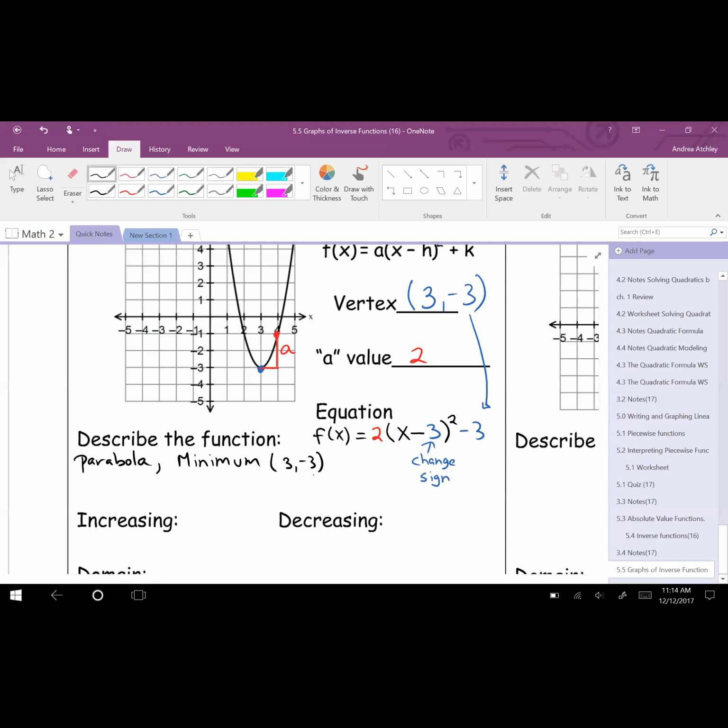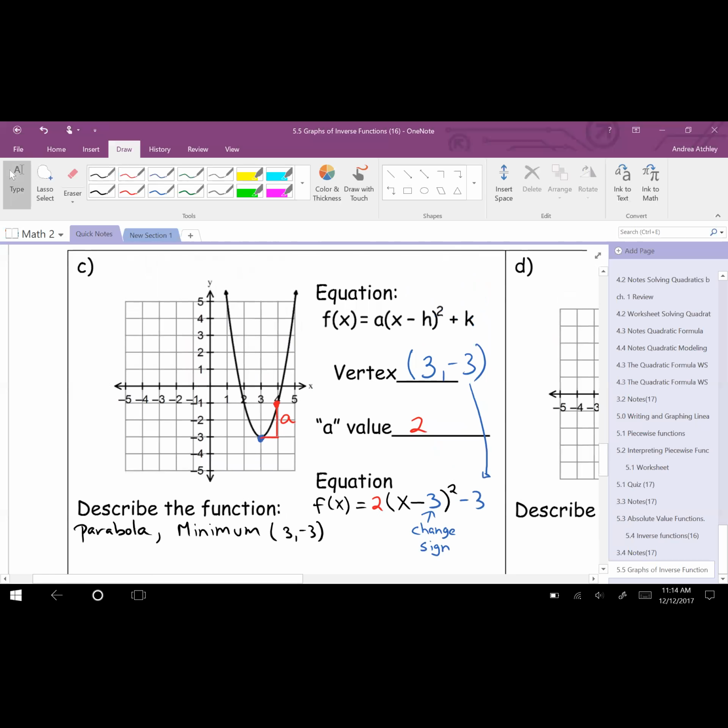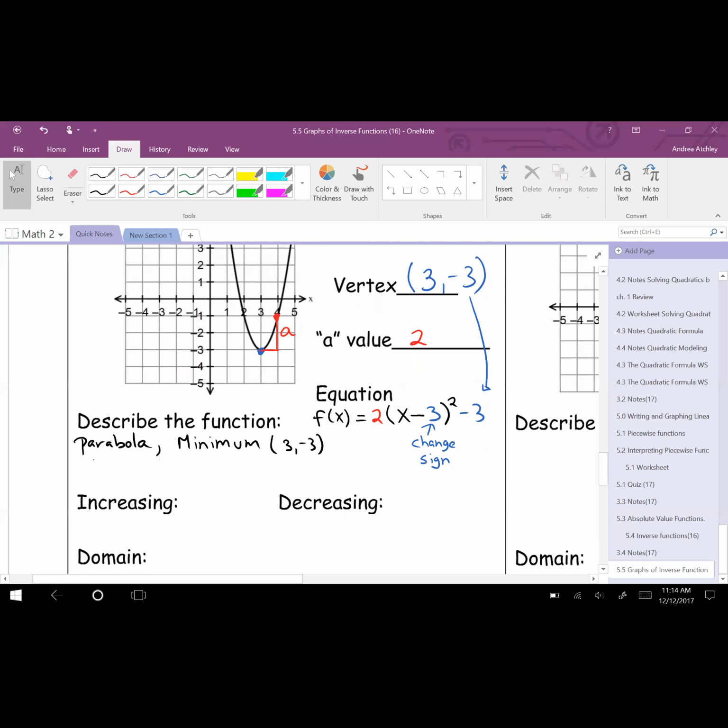I don't really know what the x-intercepts are. I'd have to estimate those. And I can't see the y-intercept either, so I'm not going to really write any of that down. So that's as much. I could say the a value is 2. So that's a stretch.